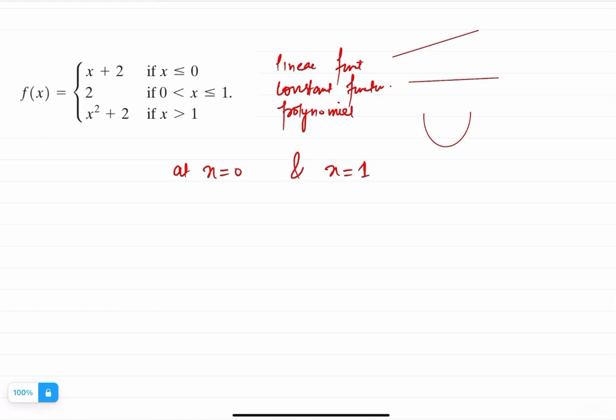First we will check if the function is defined, first we will check for f(0). We know that for x equal to 0, we will take this part, x plus 2.